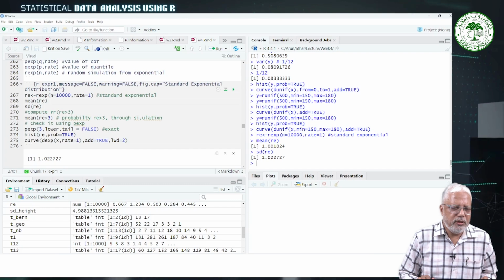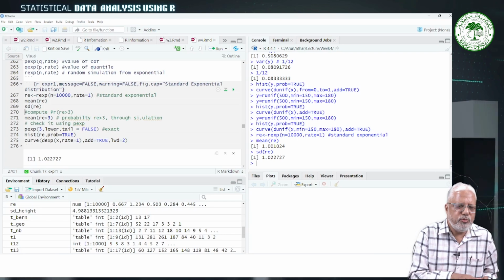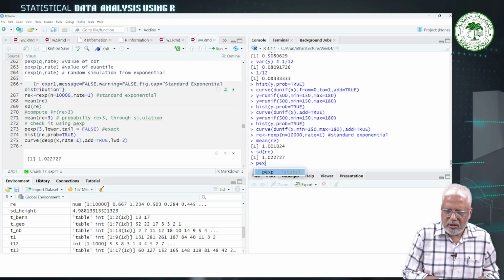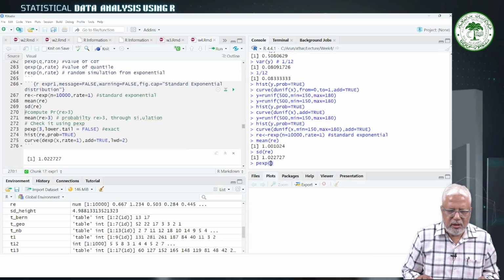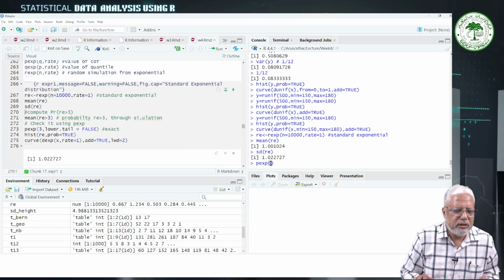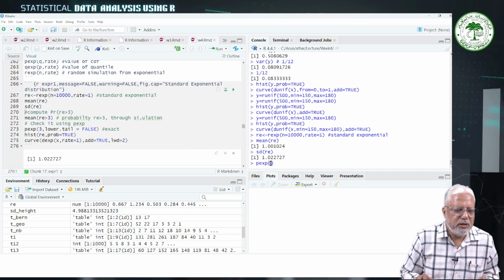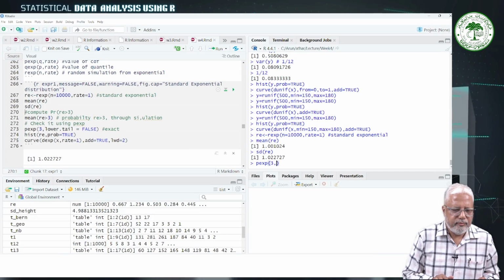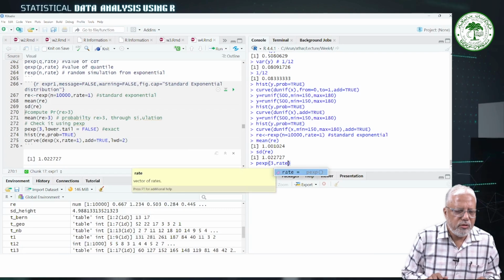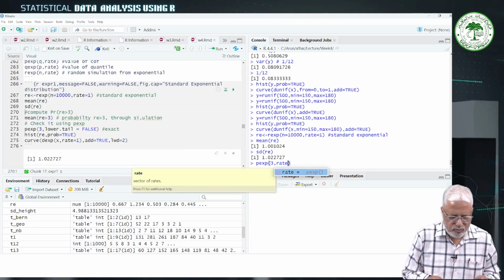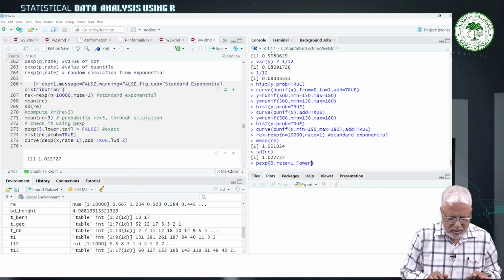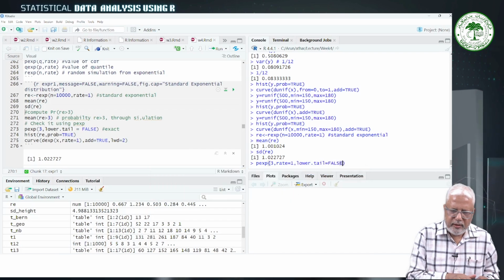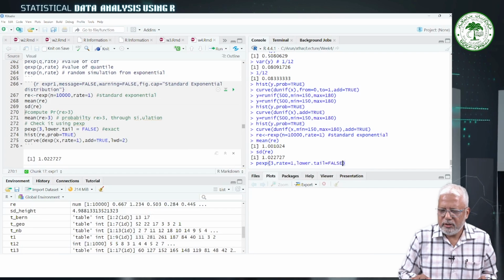So, actually this we can compute using the command pexp, and the point is 3, and then rate is equal to 1, and lower.tail is equal to false.